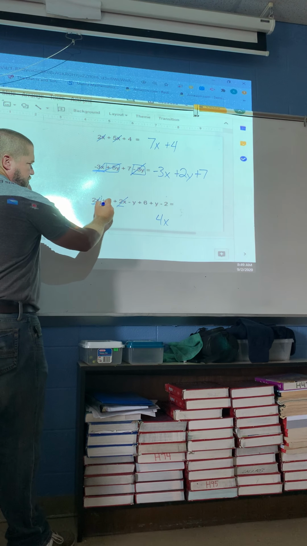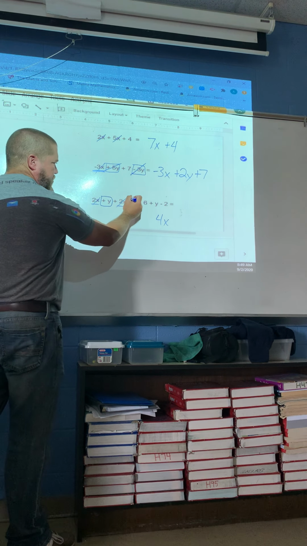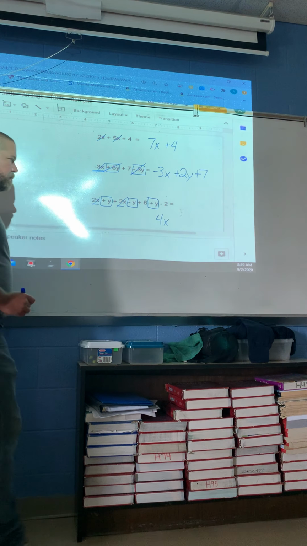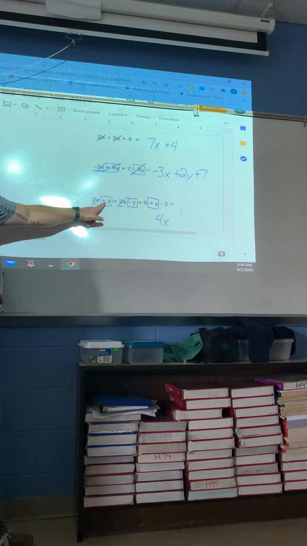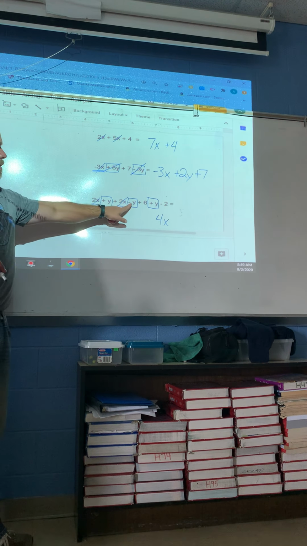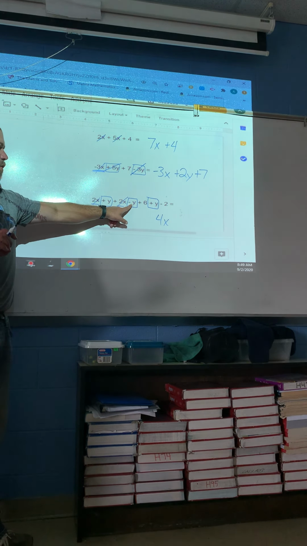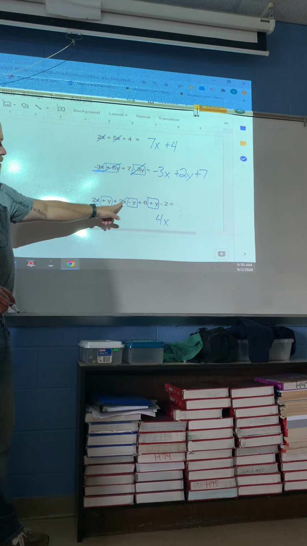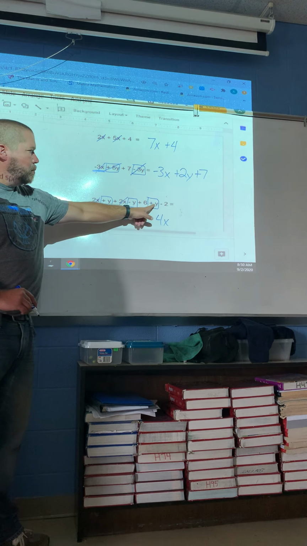You don't have to use underlines or squares or circles, but it's just an idea to help you stay organized on a large problem. All right, so we have 1Y. We take 1 away, which gives us 0 Y's, and then we add 1Y again. So 1 minus 1 is 0, plus 1 is 1.